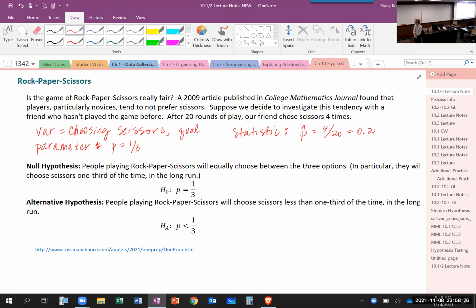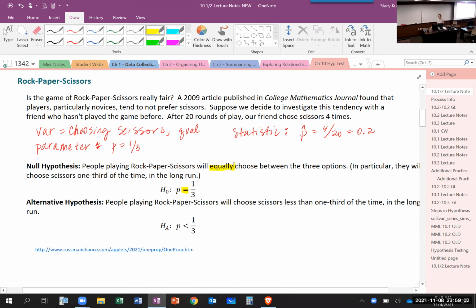People playing rock, paper, scissors will equally choose between the 3 options, or in other words, the null H sub 0 says that the population parameter p is equal to 1/3. That's our null. The null hypothesis is always a statement of equality. Notice here we have an equal sign, and we're choosing equally between them.